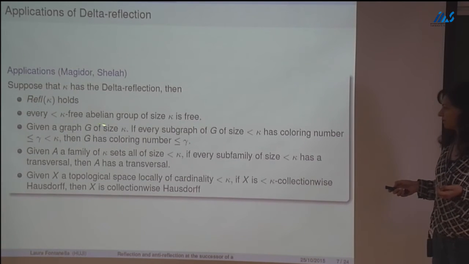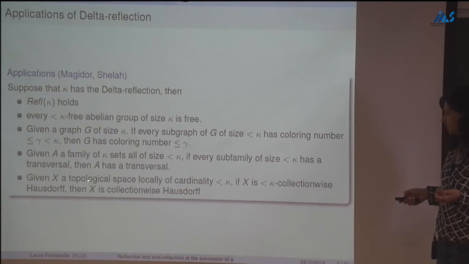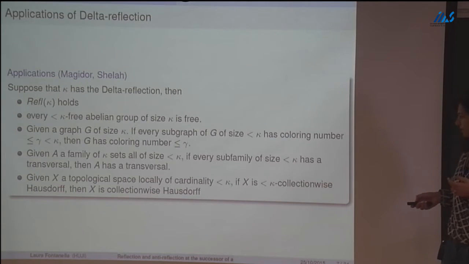They may be graphs, transversals, topological spaces with the property of being collection-wise Hausdorff. So for instance, for graphs, this principle at kappa implies that if you have a graph of size kappa and every subgraph of size less than kappa has coloring number at most gamma less than kappa, then G has coloring number at most gamma.